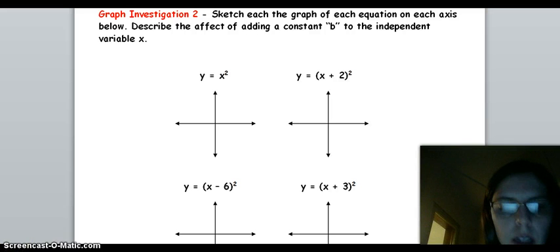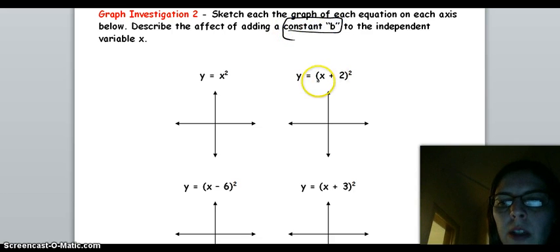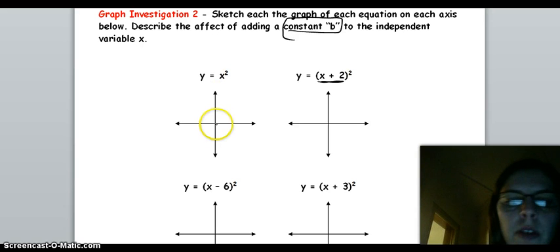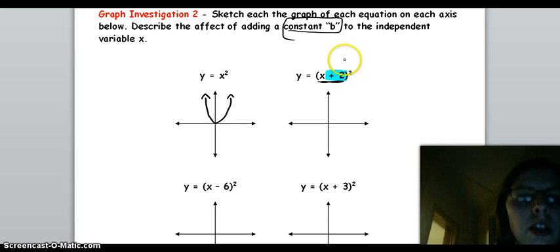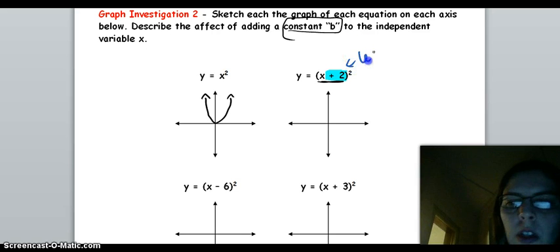Lastly, in this section, we're going to start with what happens when we add a constant of b. So notice it's within the parentheses. What's going to happen to the graph? So first one is exactly like we did before. There's nothing added to it. Second one, we have a +2. That means since it's a +2, it's going to move to the left. So I'm going to move it over 2 spaces, to the left and up.